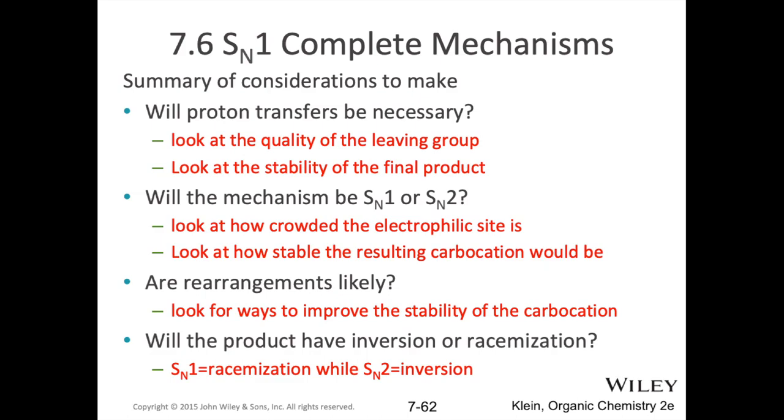It's easier access for that nucleophile. So something to keep in mind. If you're looking at SN1, right, look at that carbocation and ask yourself, is it a primary, secondary, tertiary carbocation, and will a rearrangement make it more stable? Okay, if I have a primary or secondary carbocation, can I do a rearrangement to give me a tertiary one, for example?